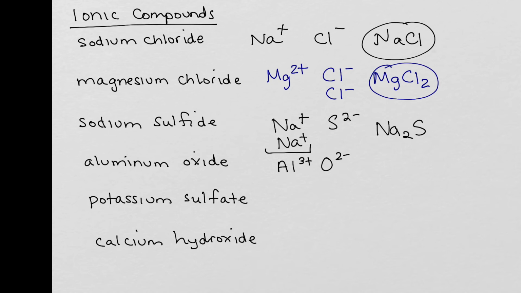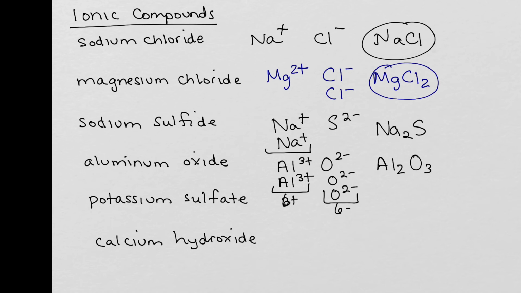So if I want to make 6+, that means I would need 2 aluminum in order to do that. And to make 6-, I would need 3 oxygens. So this gives me 3+, 6+. This gives me 6-. So that means I need 2 aluminum for every 3 oxygen.